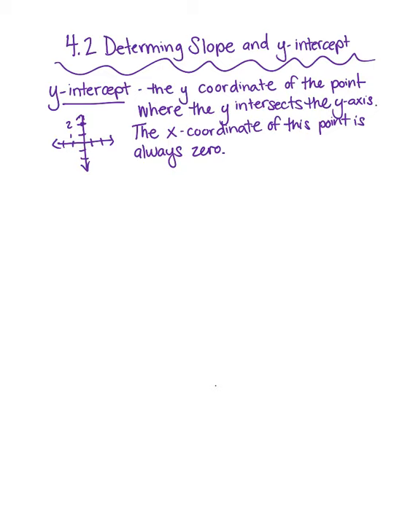We call the y-intercept b, so b equals 2 because it's on the y-axis at 2. And the coordinate would be 0, 2. So b is the y-intercept. Why? I don't know. Okay, that's an important thing for you to know.